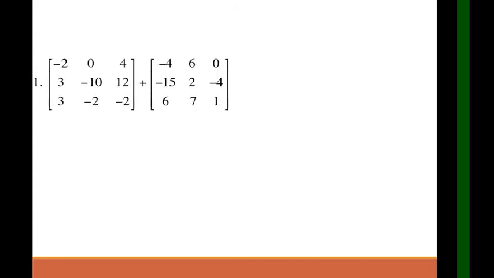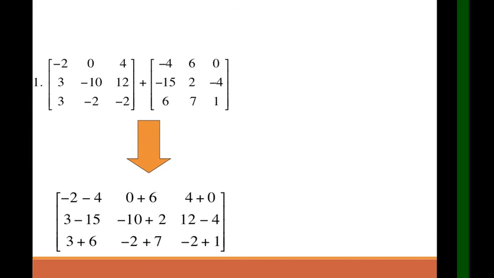Now, let's have another example. We have [-2, 0, 4; 3, -10, 12; 3, -2, -2] plus [-4, 6, 0; -15, 2, -4; 6, 7, 1]. To start, we combine the two entries: negative 2 plus negative 4, 0 plus 6, 4 plus 0.